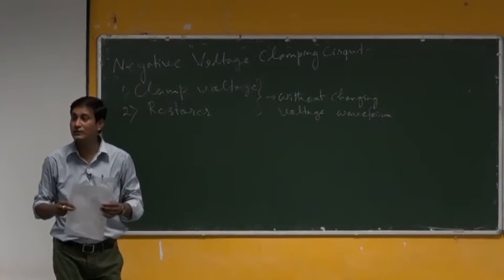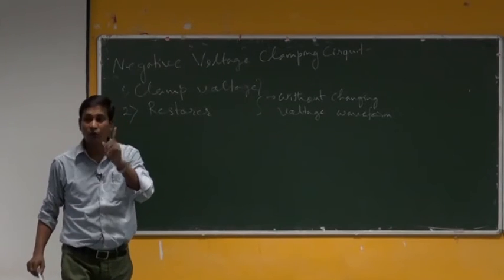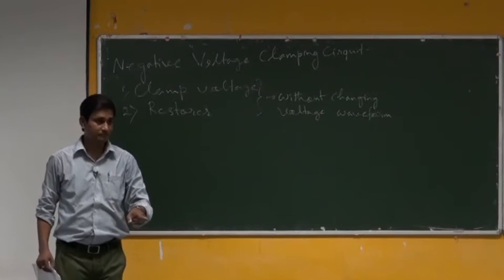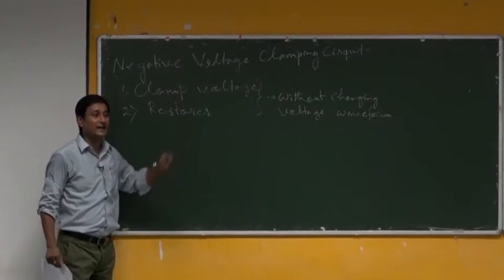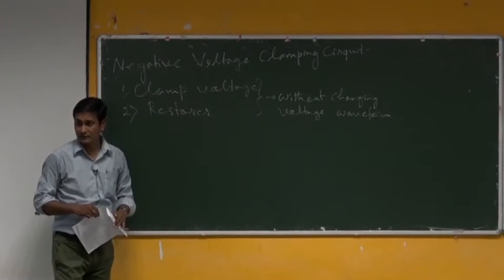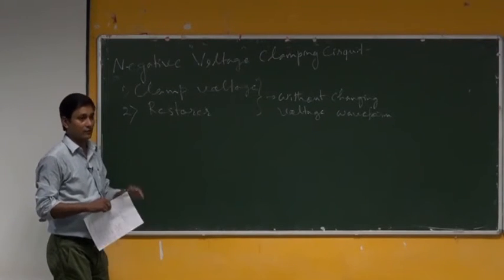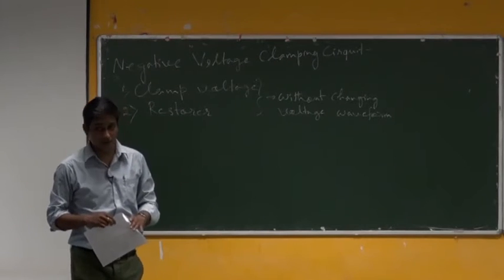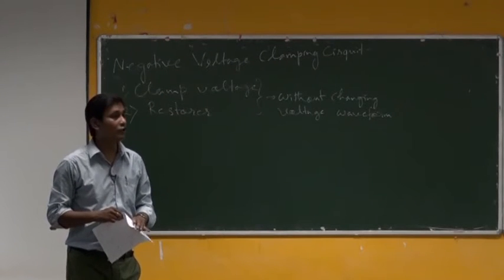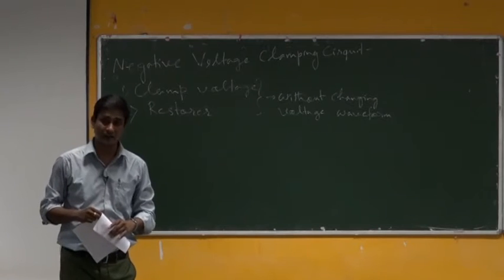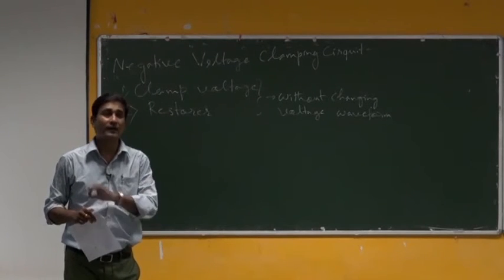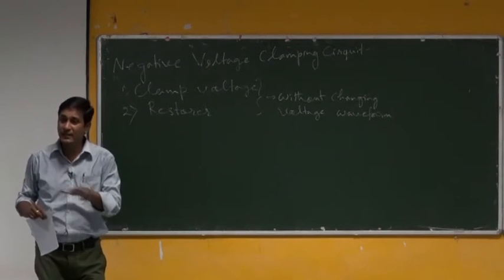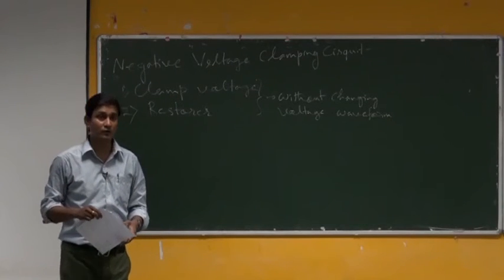So, if I want to do that kind of action with a voltage waveform without disturbing its actual wave shape, those circuits will be called clamper circuits, which we are going to implement now. These are sometimes called restorers also, because they restore the data without hampering its actual information. Only thing is that it may change its reference voltage from one to another.